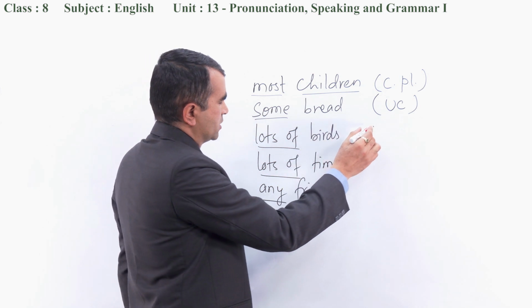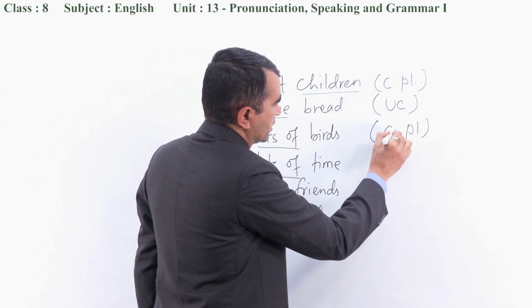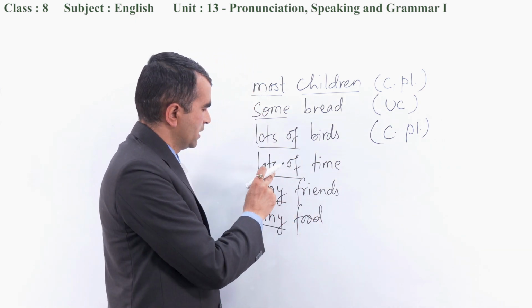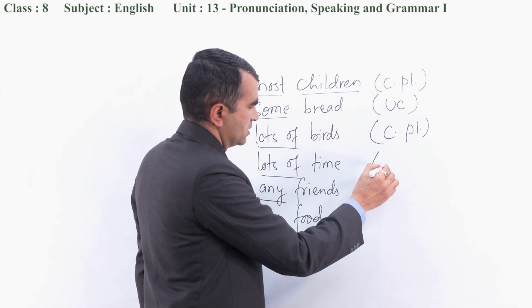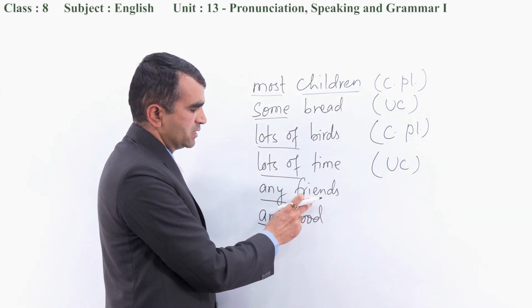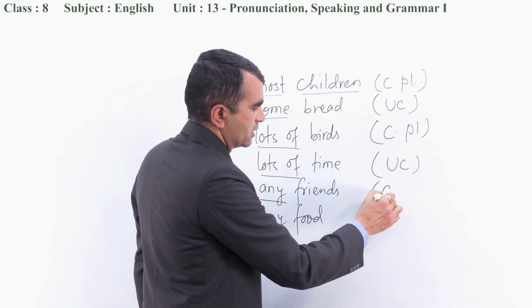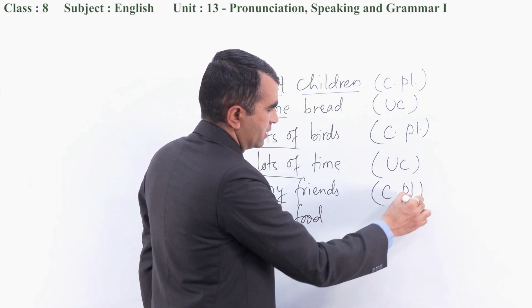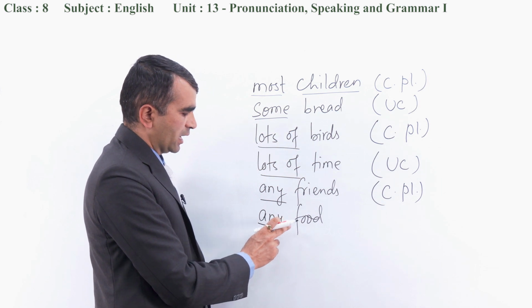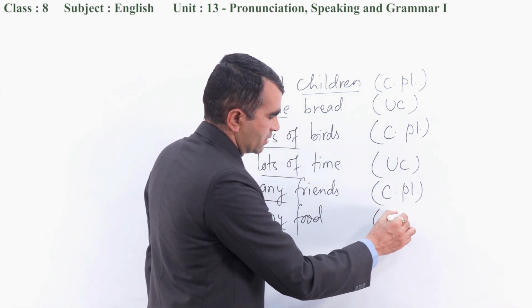Lots of birds, this is also countable plural. I am writing in short. Lots of time, this is uncountable. Any friends in question, any is followed by friends, countable plural. And finally, any food, food is uncountable.